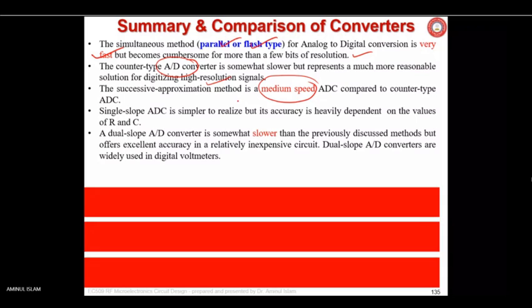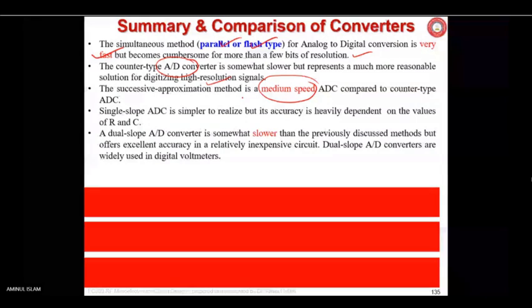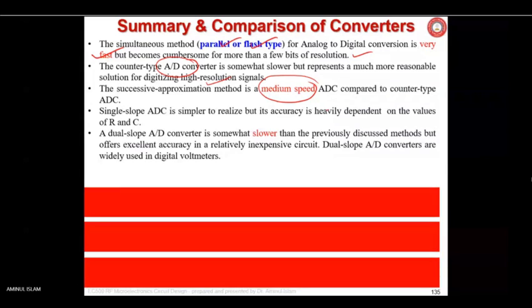It's not too slow and not too fast compared to the counter type. The single slope ADC you have studied is very simple to realize, but its accuracy is heavily dependent on RC values. And you know that the value of R varies depending on the temperature. So accuracy is the problem.